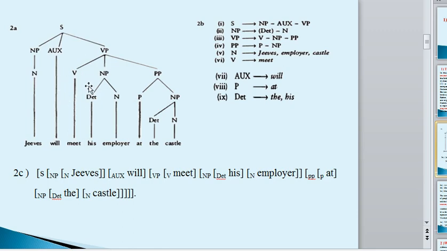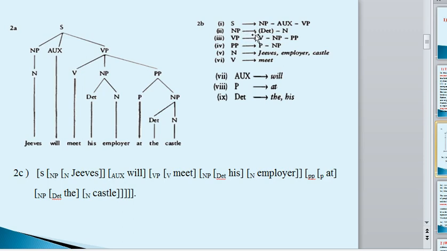So if I ask you to parse the sentence and to show the phrases within the sentence, you can use the tree format like this, or you can use the phrase structure or rewriting rules. Use this kind of writing. Sentence consists of NP, auxiliary, verb phrase.